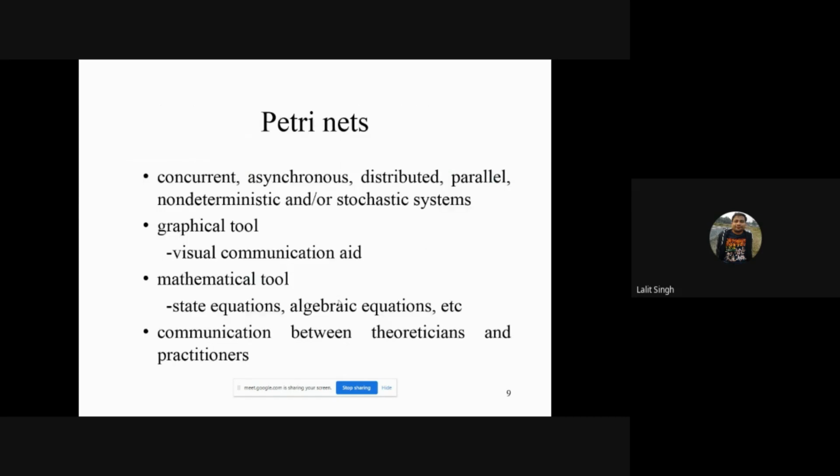Now let me introduce the concept of Petri net. As I said, it is a very good graphical and mathematical tool. Why graphical tool? Because I can simulate my system graphically, and it can be seen by all the stakeholders.